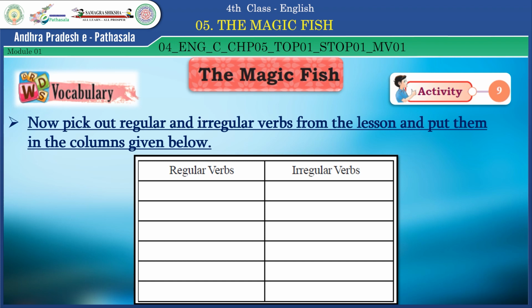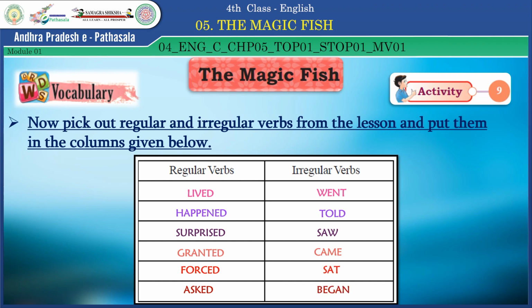Lived, happened, surprised, granted, forced, and asked. And the irregular verbs are went, told, saw, came, sat, and began. Very good, children.